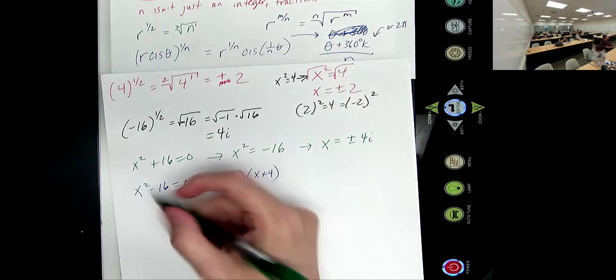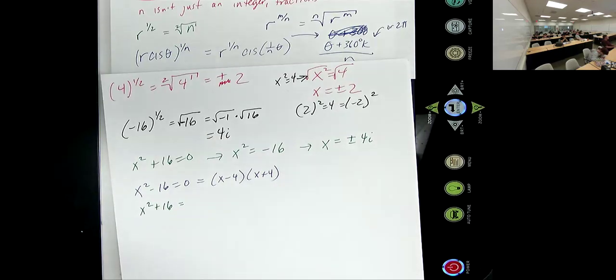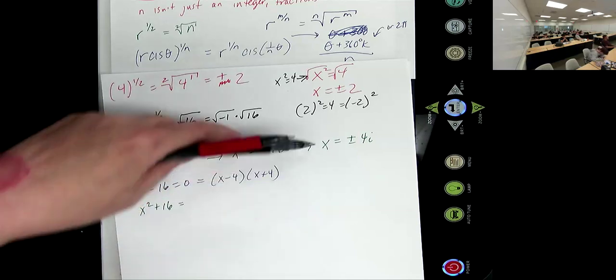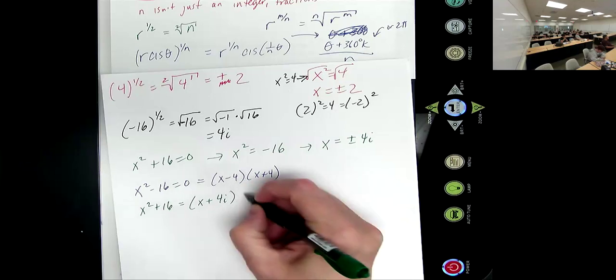What do you think happens with x squared plus 16 if we factor it? It's just x plus 4 squared? No. We just showed the two different roots were plus and minus 4i. It's x plus 4i, x minus 4i.